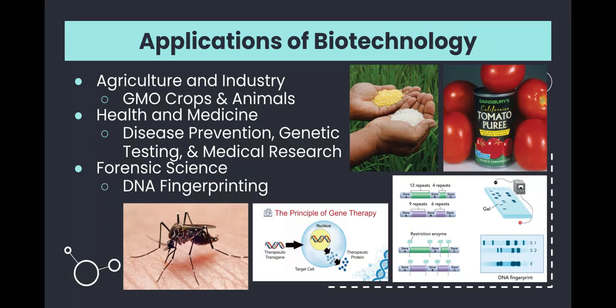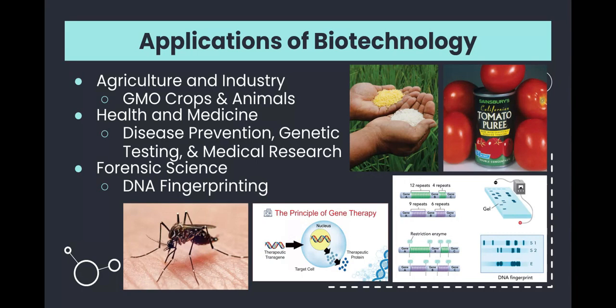We also utilize biotechnology with health and medicine. For example, disease prevention. There's a picture of this mosquito. We talked about how GMOs, specifically mosquito GMO, has been developed so that it's not going to reproduce as quickly because the males will die off.